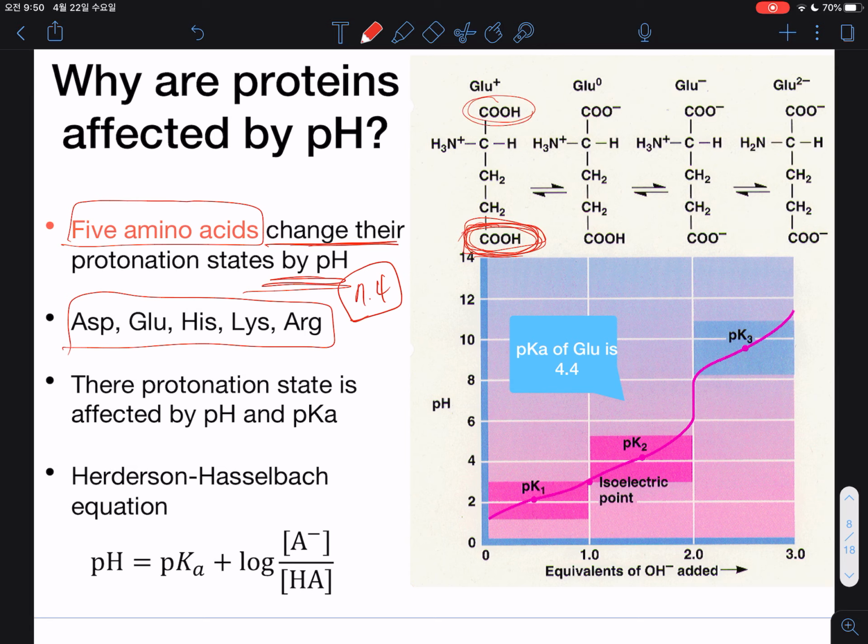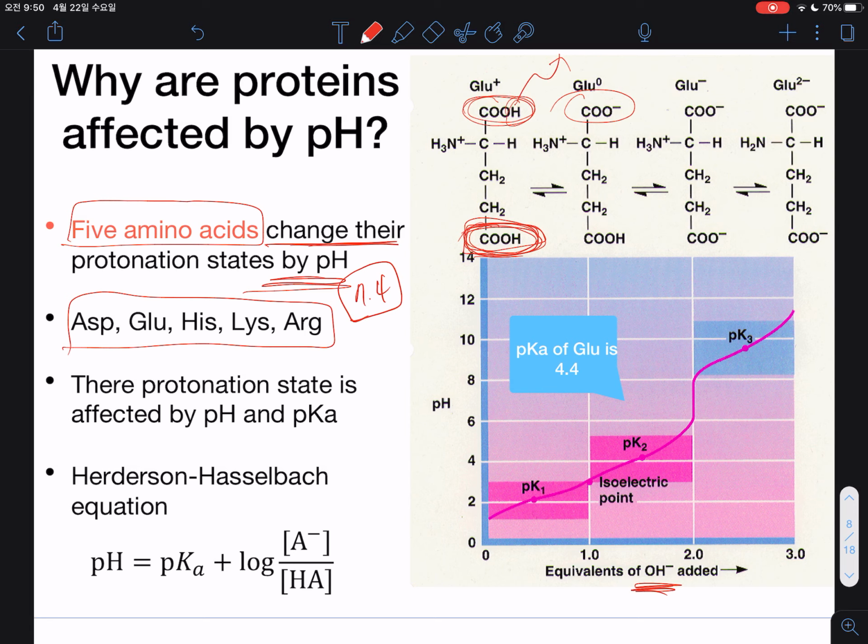Let's say we have a glutamate monomer in a solution. If we add more and more OH minus, which means they are titrated, then this carboxyl group loses its proton first.